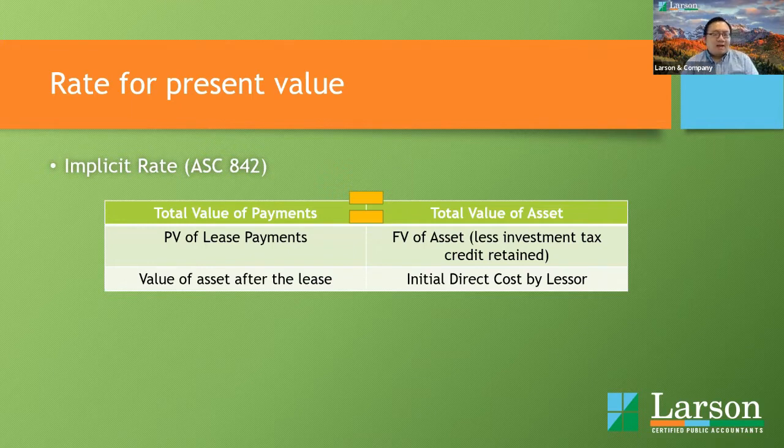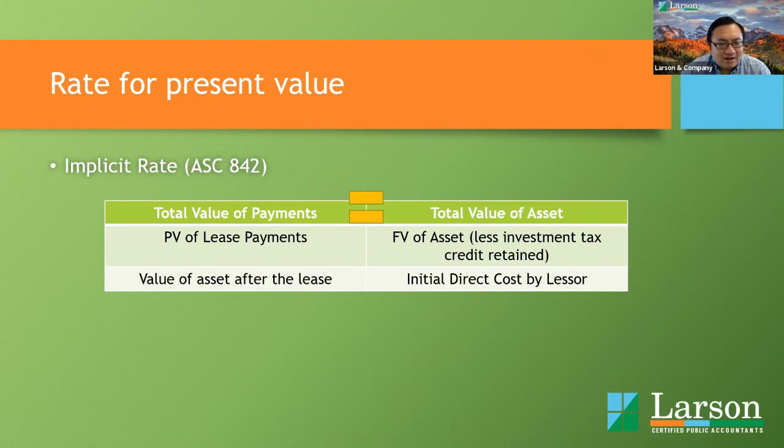So meaning that you will have to come up with the rate to make sure that whatever it costs the lessor right now for their assets, whatever its value, will be the total amount of the present value of all your lease payments and what the value is after that.